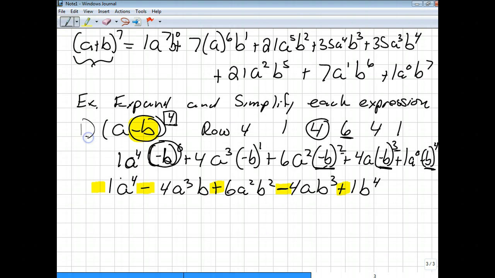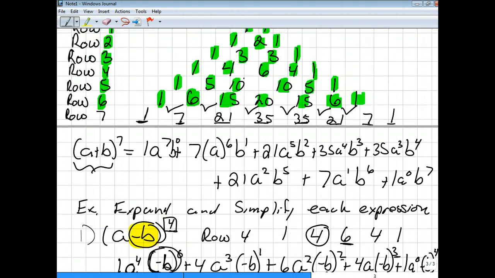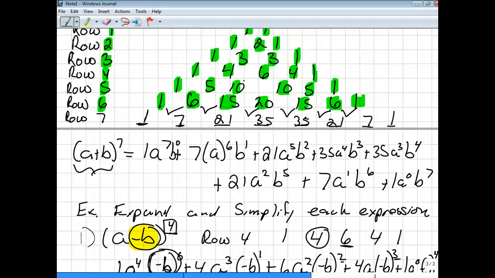So this is example 1, example 2. I want to expand out x minus 3 to the third. Okay, so that is row 3 of Pascal's triangle. So we go up to row 3, and in row 3 we have 1, 3, 3, and 1.